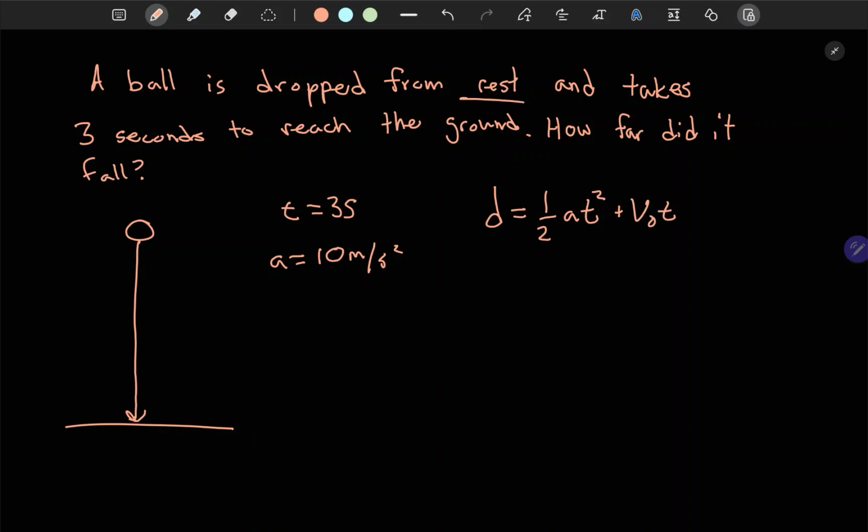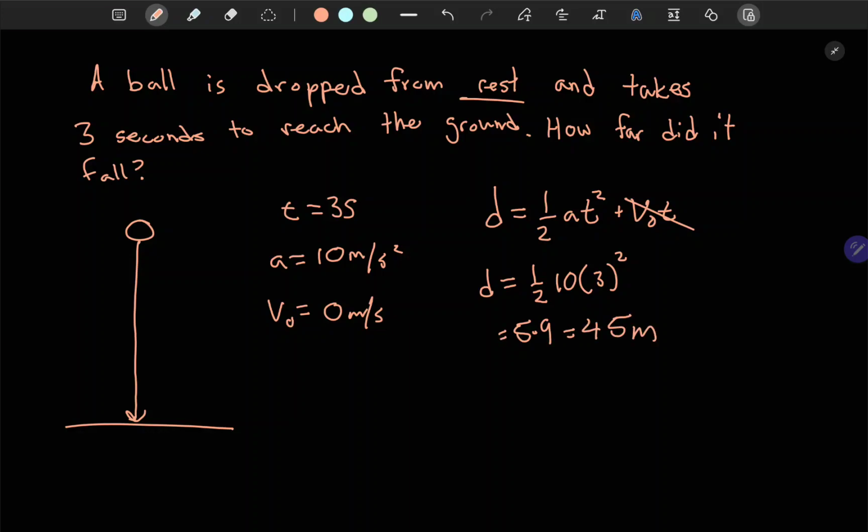But it tells us it falls from rest. So the last variable that we actually know is v0 is 0 meters per second. And that conveniently cancels this part out. So d ends up being 1/2 times 10 times 3 seconds squared. And this becomes 5 times 9, which is equal to 45 meters. And that is our answer.